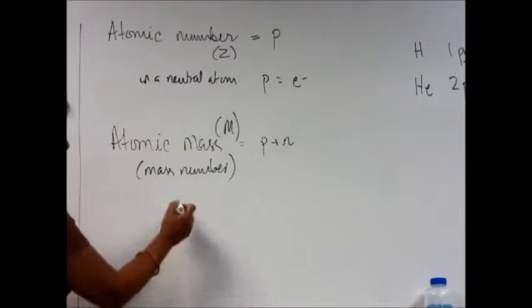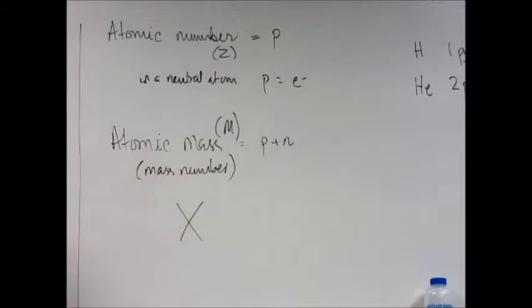When you have an element and you want to represent the mass number and the atomic number on it, you put them in very specific places. Again, this has to do with the language of chemistry. You learn this one time and you learn it very specifically.